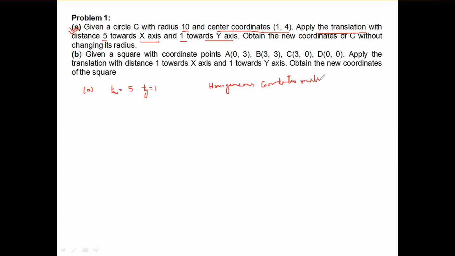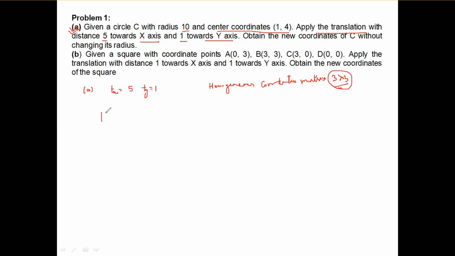That is your 3 into 3 order matrix, whether I'm performing translation, scaling, reflection, or any kind of transformation. Any kind of transformation that will be performed will be taken up with the 3 into 3 order matrix every time.